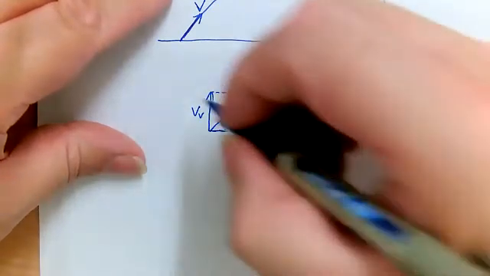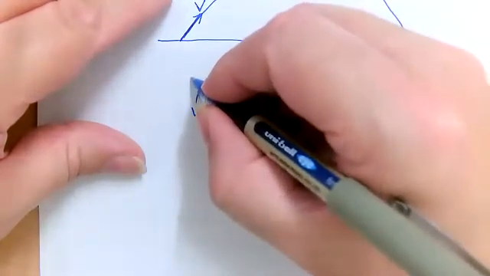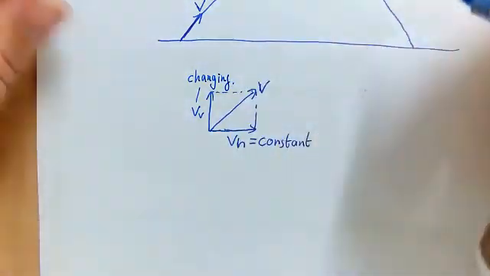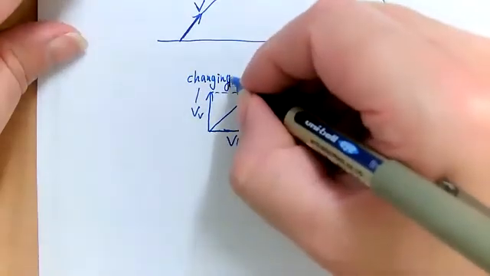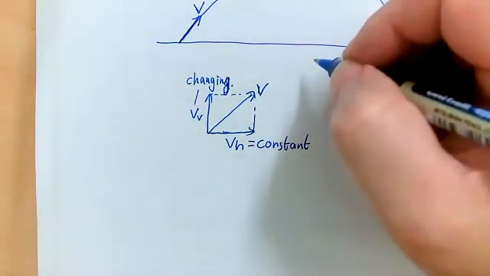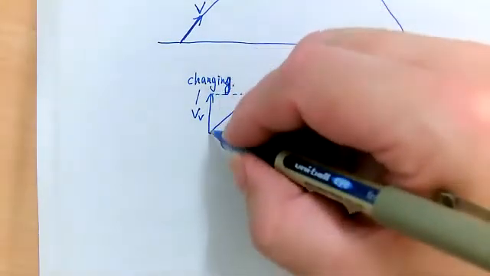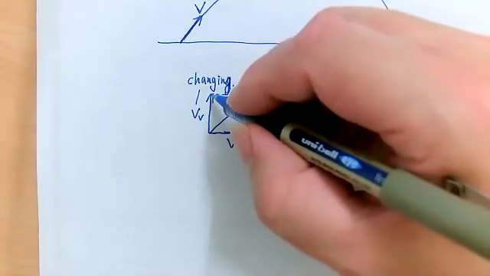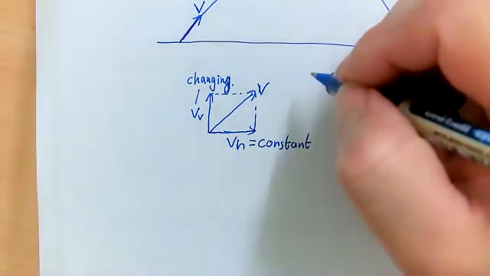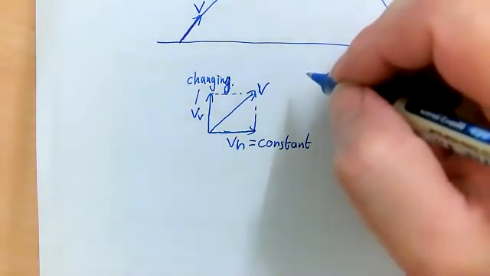The vertical component of the velocity is going to be changing because it'll be falling under gravity. Gravitational forces always act downwards, so they only affect the vertical component of the motion. That's a basic concept of projectile motion. Does that make sense?